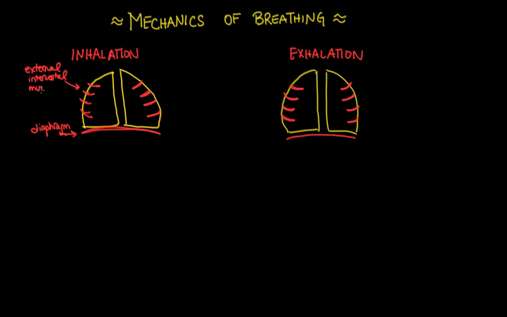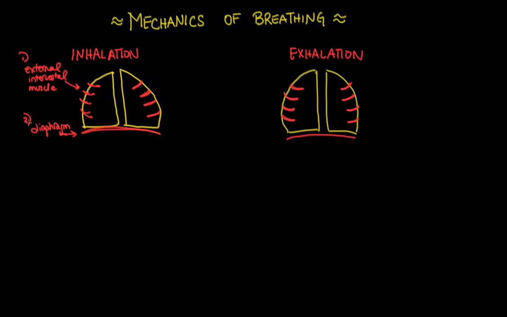And so these muscles are found in between the ribs, and they're going to help enlarge and collapse the thoracic cage and hence lung volume during inhalation and exhalation. So we're going to be looking at these two specific muscles and how they contract or relax as we inhale and exhale.